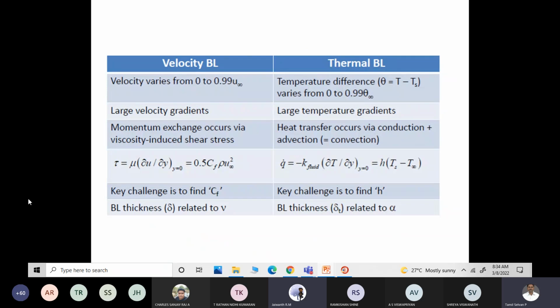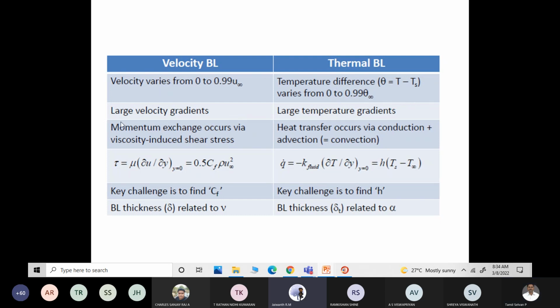Now, some of the differences between the velocity boundary layer and the thermal boundary layer. Velocity varies from 0 to 0.99 of u infinity, whereas in the thermal boundary layer, the difference T minus Ts varies from 0 to 0.99.